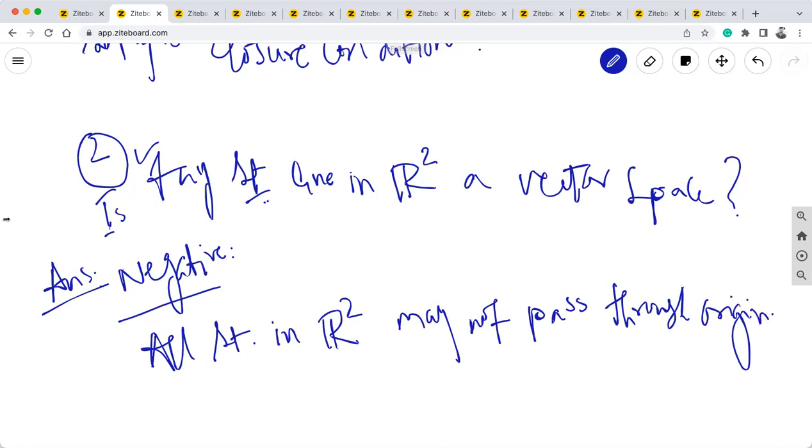So that means not all straight lines in R2 form a vector space. Only those lines where 0 is an element, that means |0⟩, that means passing through the origin. All such straight lines will form a vector space.